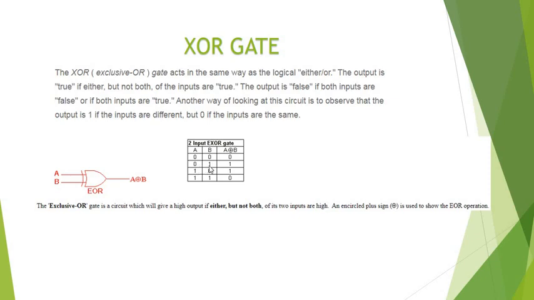If both inputs are high, then it becomes 0. So this is an exclusive OR gate, and it uses the symbol of a plus inside a circle.